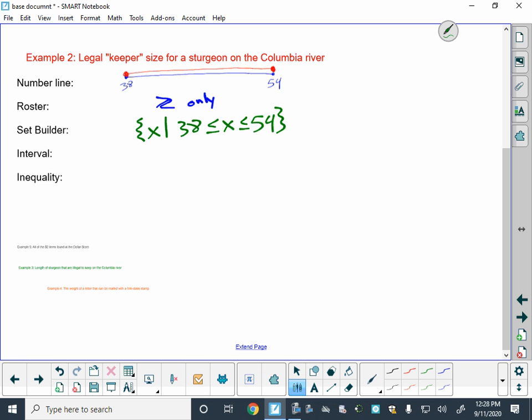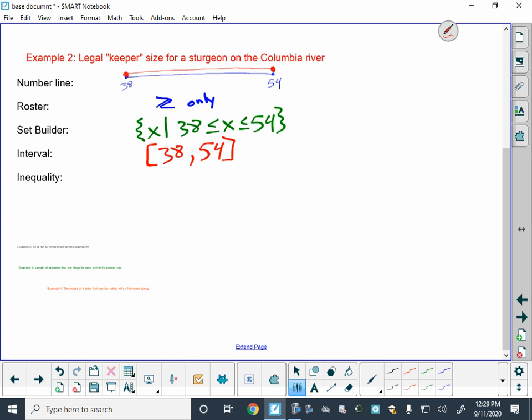That's just assumed unless I say it's something else. Okay. My interval notation, now that we have a real number one, I use a square bracket because of the less than or equal to, and I say this starts at 38 and it goes to 54, and the 38 and the 54 are included, and that's what the square brackets say.